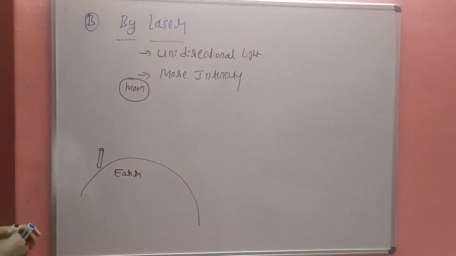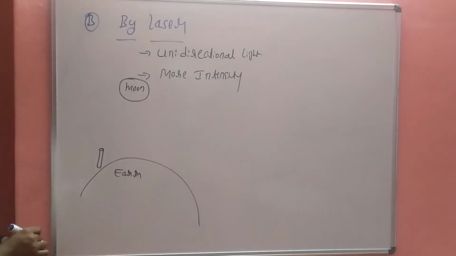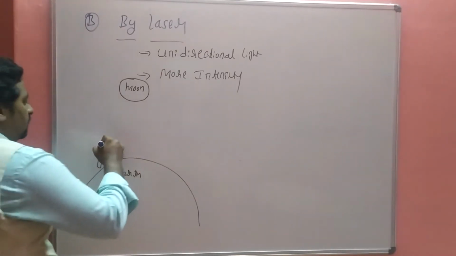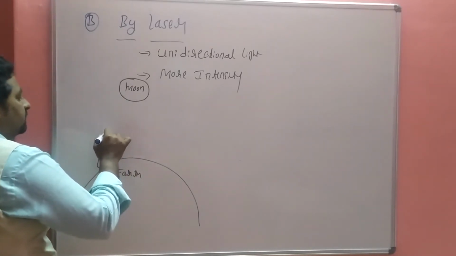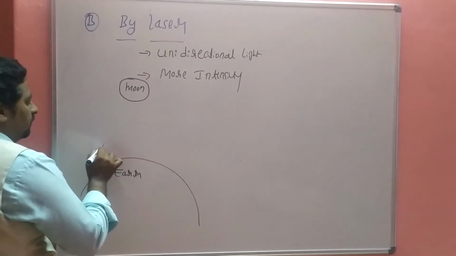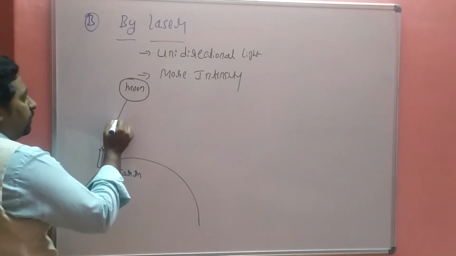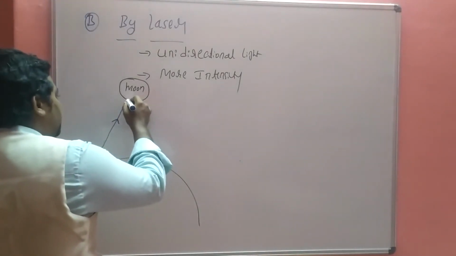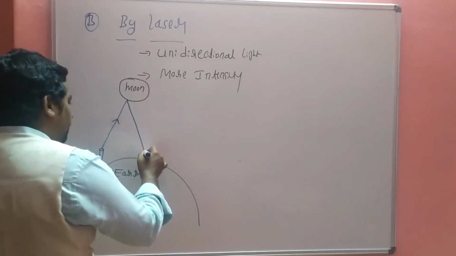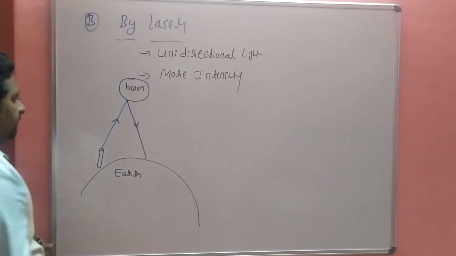The laser light has speed V, the speed of light, and it is incident on the moon surface, then rebounds along its original path.